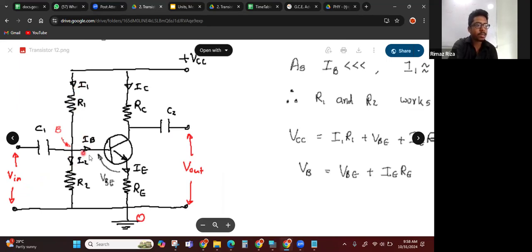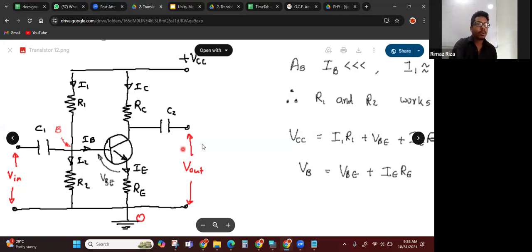But since IB is very small, we can consider I1 is approximately equal to I2. So we can think the same current is passing through R1 and R2. So it is a series, right? When two resistors have the same current passing through them, we know it's a series resistor system. So therefore we can think they are potential dividers.